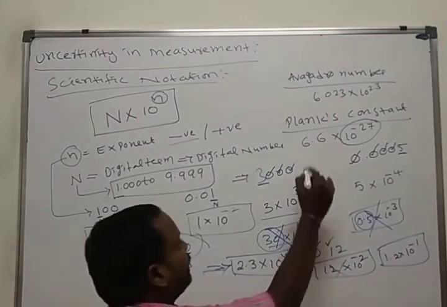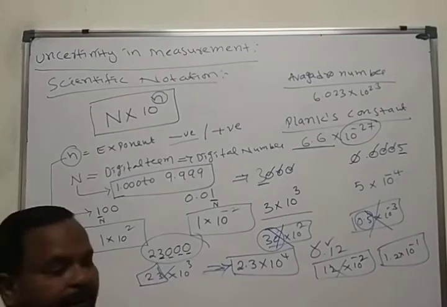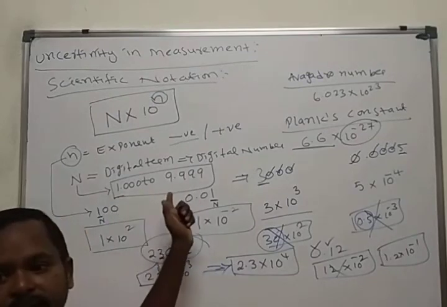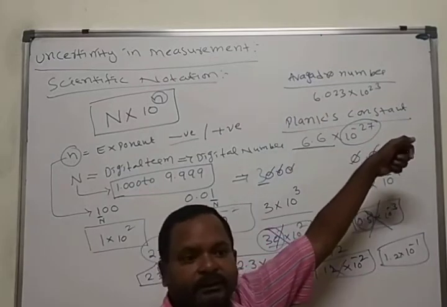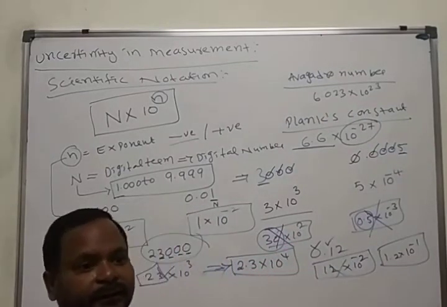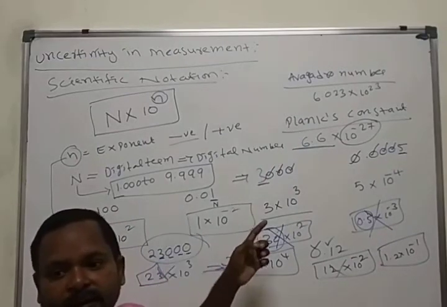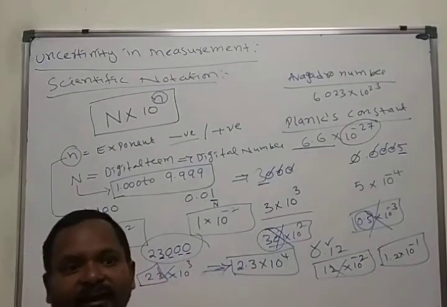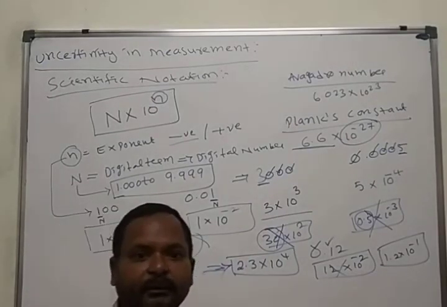See here, Planck's constant 6.6 is present between the digital numbers only. Here also 6.023 into 10 to the power of 23. Don't think about 10 to the power of 23. 6.023 is present between these numbers, so this is a valid number. This we call scientific notation.